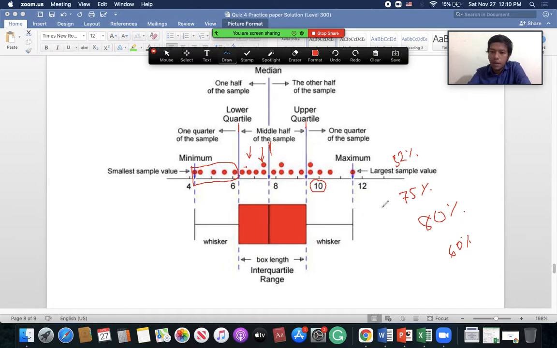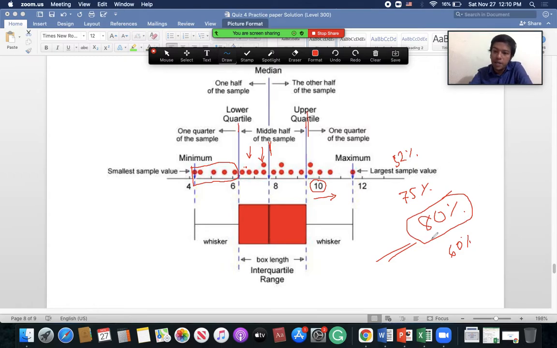Now, this is not 100% accurate, I'm asking approximately. We can find out precisely what it is. But approximately, since this is 75%, then 10 is more than 75%. So the only possible answer is this one, maybe 80%. Okay.